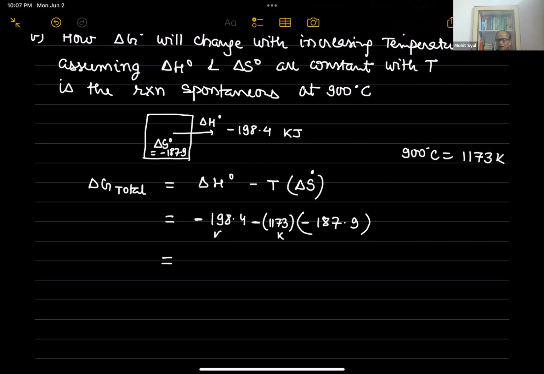This is in kilojoules, so in order to solve it, I need to multiply by something else. So it is minus 198,400, minus 1 is plus 1173 into 187.9. Is it clear? Good. If you add them, the total is going to have some value around 22 kilojoules.